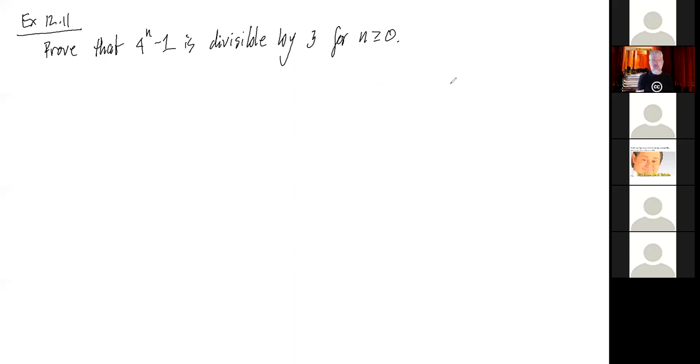Okay. So as we talked about before, how do we formalize this? We're going to formalize this as: for n at least 0, there exists a k in the integers such that 4 to the n minus 1 is 3 times k.